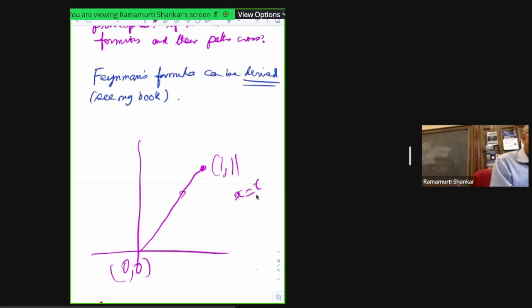Let velocity be 1. There's another trajectory, which is x equal to t squared. It also goes from 0,0 to 1,1. You can find the action on the actual path and the action on the hypothetical path, and you will find that if the particle's mass is the electron mass, and these are distances like 1 angstrom, the change in the action will be negligible between this one and this one.